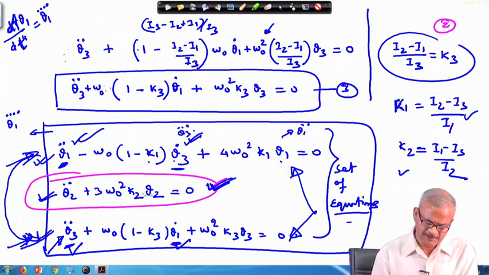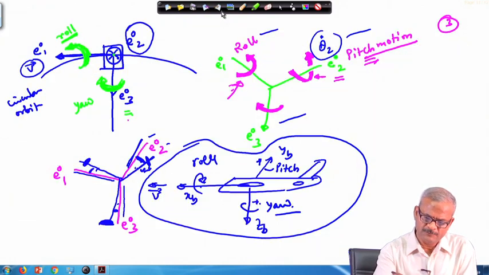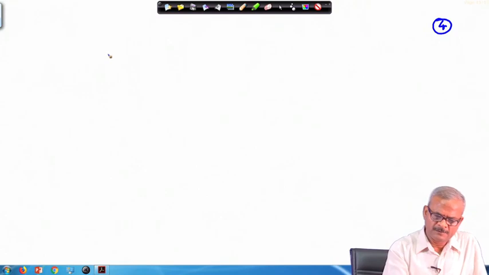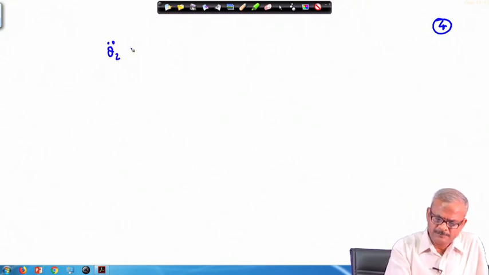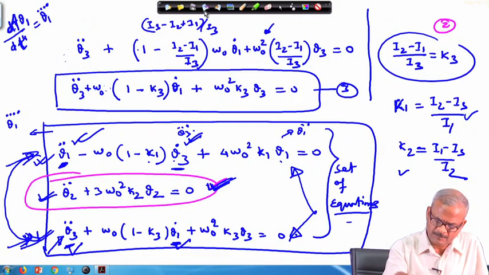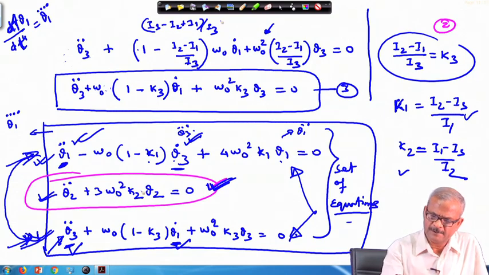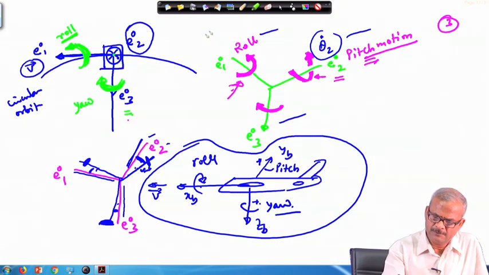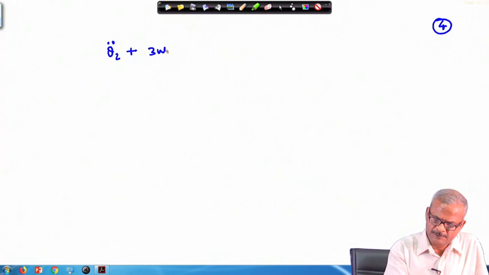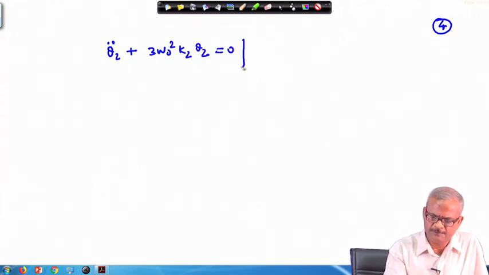First of all, let us take the pitching motion equation. Our pitching motion equation is theta 2 double dot plus 3 omega 0 square k 2 times theta 2 equal to 0.